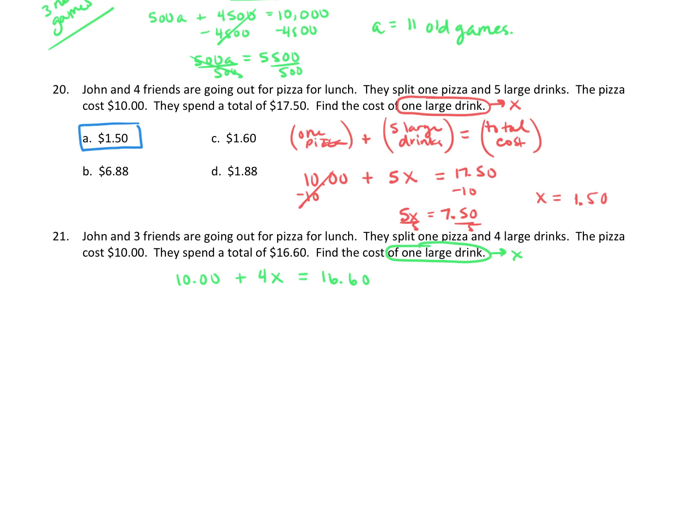All right, let's solve for X. We will start by subtracting $10 from both sides. 10 minus 10 is 0, so 4X equals $6.60 when we subtract that 10. Going back to our X, we will divide by 4. 4 divided by 4 is 1, leaving us with X equals $6.60 divided by 4, which is 1.65.